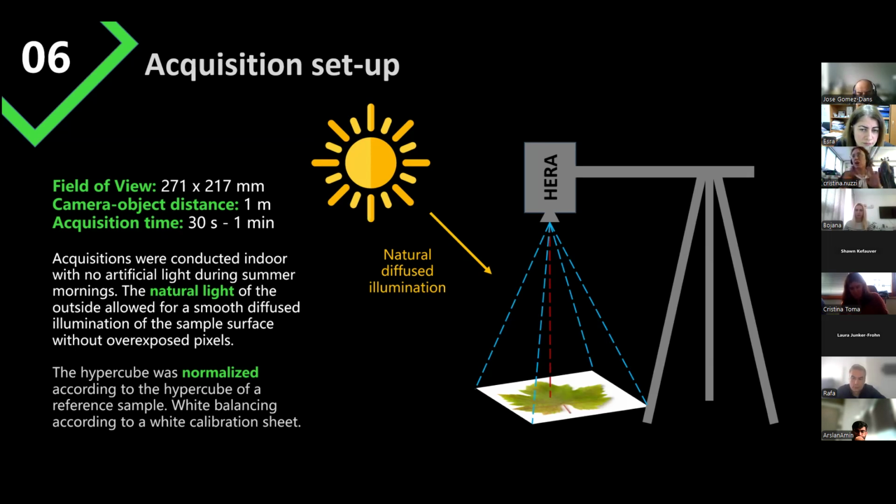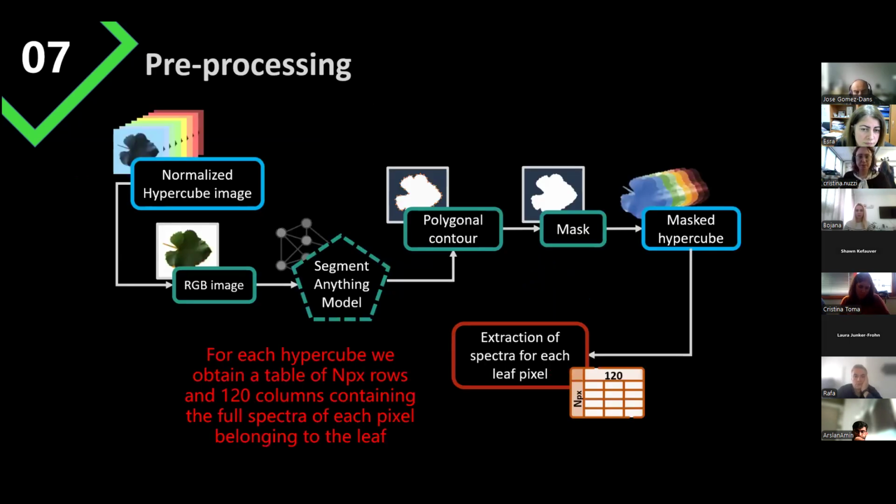We didn't enclose this setup because we wanted to illuminate the sample using the natural diffuse light of the sun, to make it look as natural as possible. In the next slide, I will refer to the spectra acquired from the hypercube as the spectra, but it was the normalized one that we acquired after normalization for the reference sample.